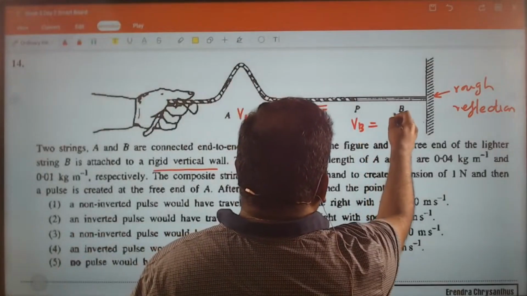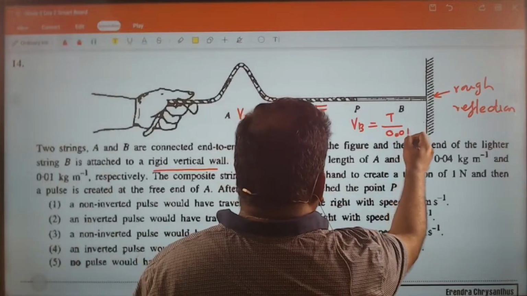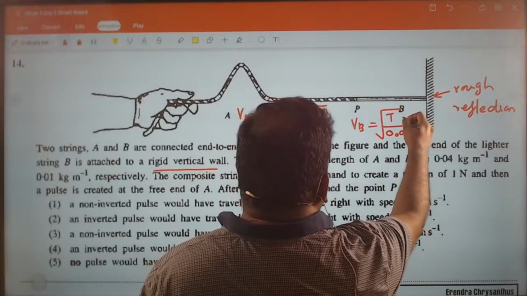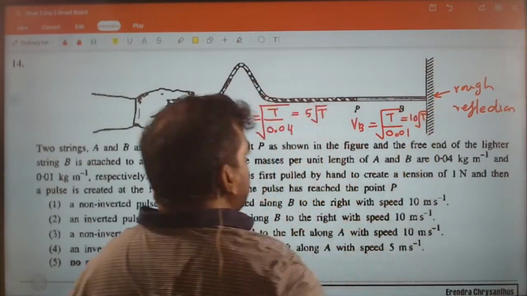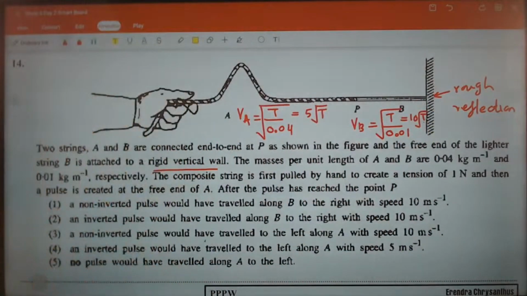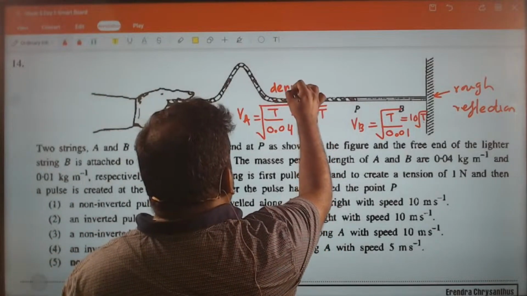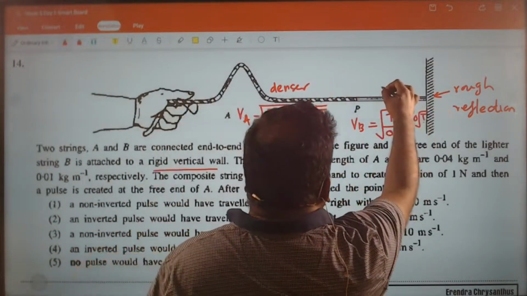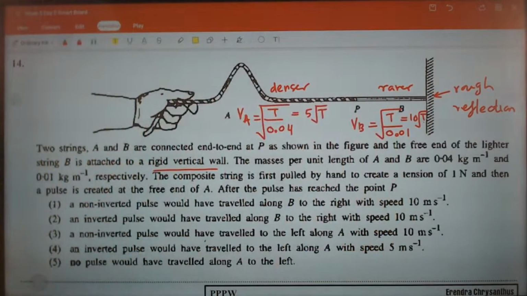Same tension, T divided by mass per length 0.01, so 100 square root is 10 root T. So velocity here is faster and here velocity is slower. Slower means denser region. This is faster, therefore rarer region. Denser, rarer.